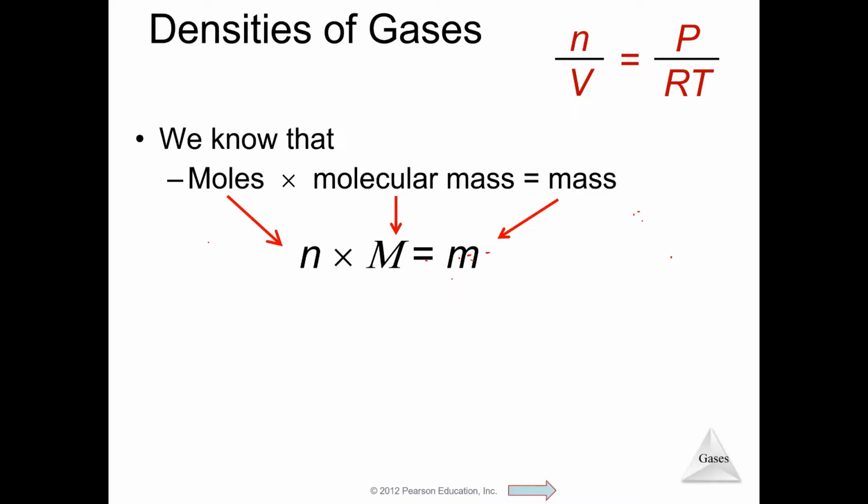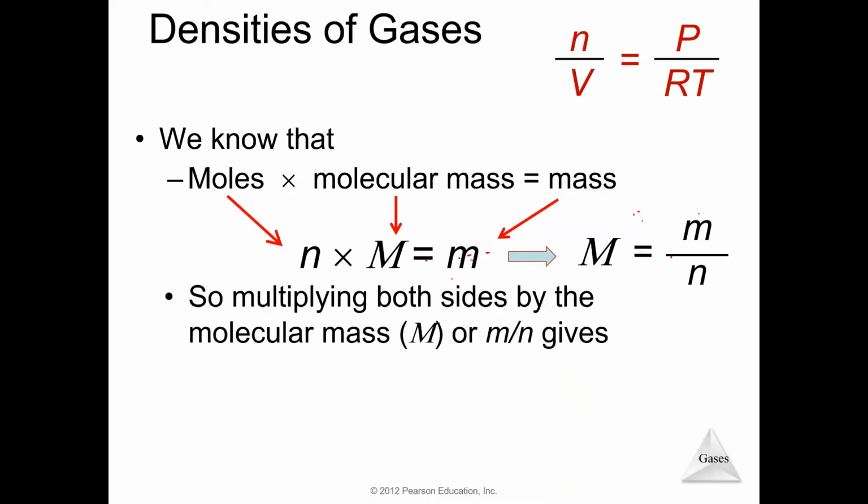All right, let's look at this. You can rearrange it to get that. Again, you don't need to memorize this. This is just to show you how we arrive at certain equations. And we use this relationship, all right? And we multiply both sides by what? Molar mass M, it doesn't matter, same thing.